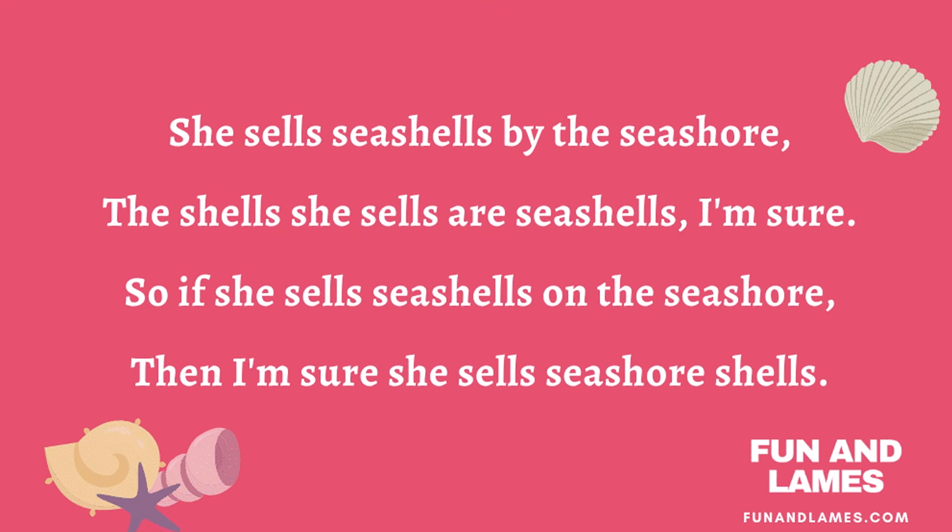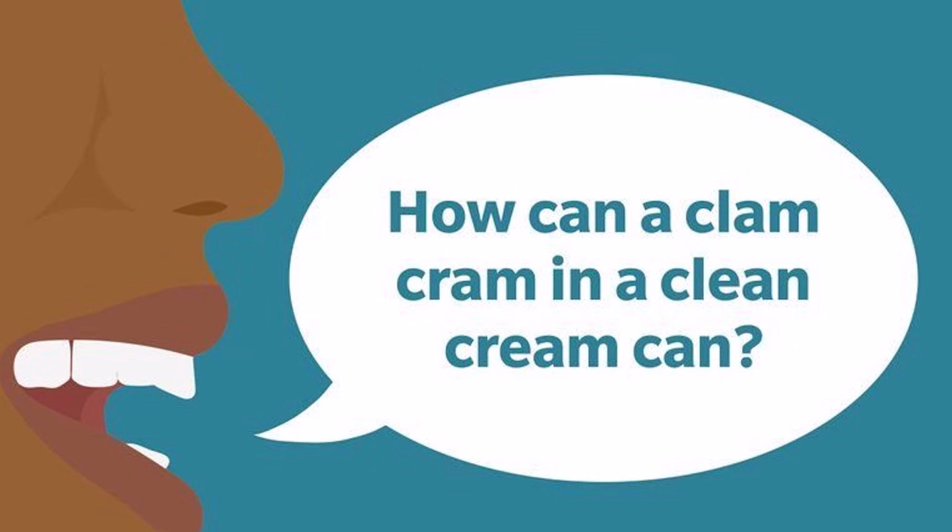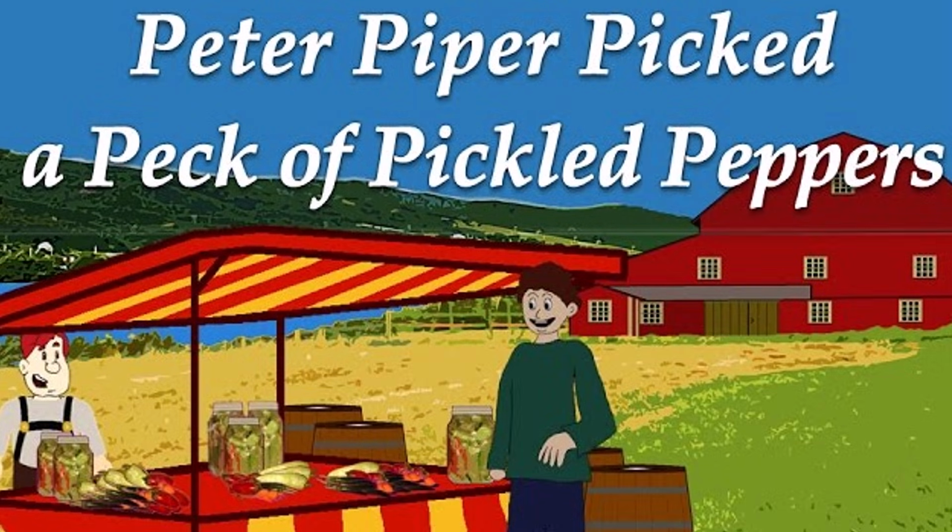Let's try. She sells seashells by the seashore. The shells she sells are seashells, I'm sure. So if she sells seashells on the seashore, then I'm sure She sells seashore shells. How can a clam cram in a clean cream can? Peter Piper picked a peck of pickled peppers.